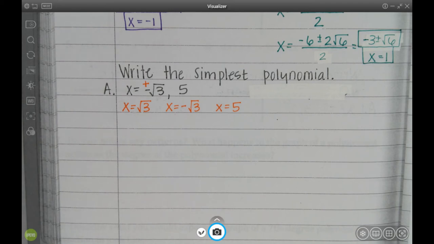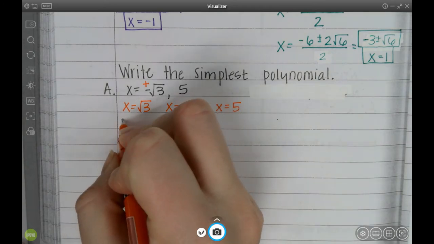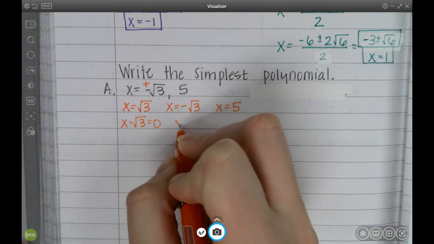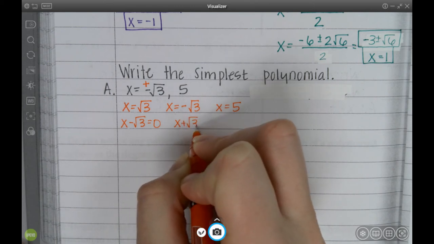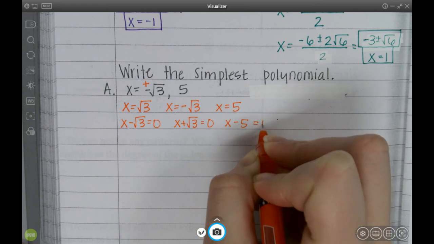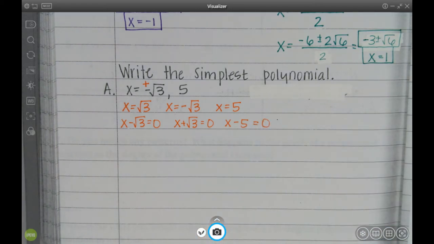Set each one of those equations equal to 0, and you're going to multiply all of those factors together.